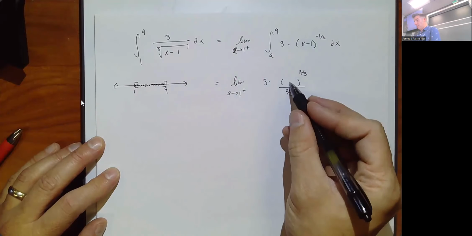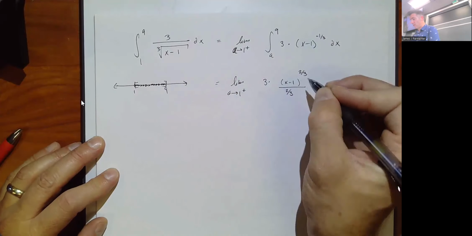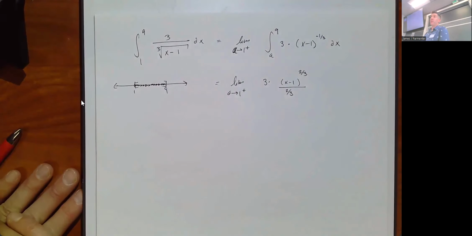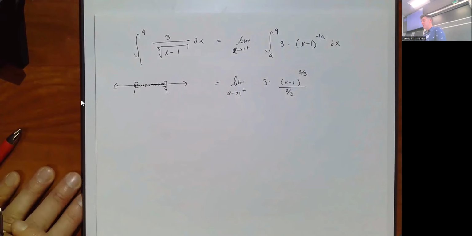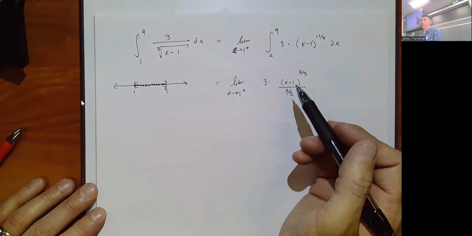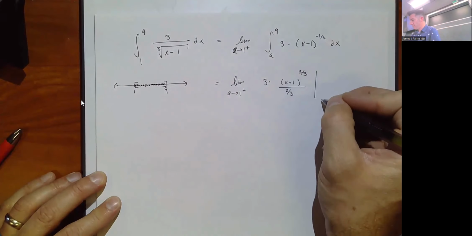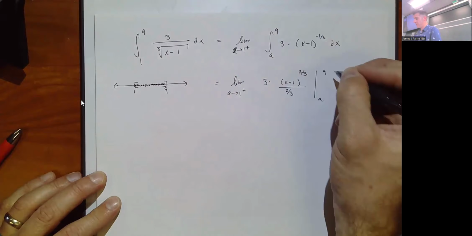But instead of writing u, I'm going to write x minus 1. If your u is just x plus something or x minus something, you can just do this as is and not really do the u substitution. Evaluated from a to 9.